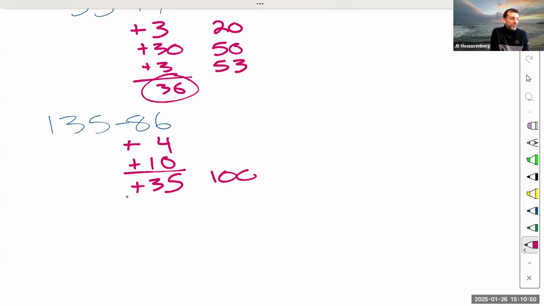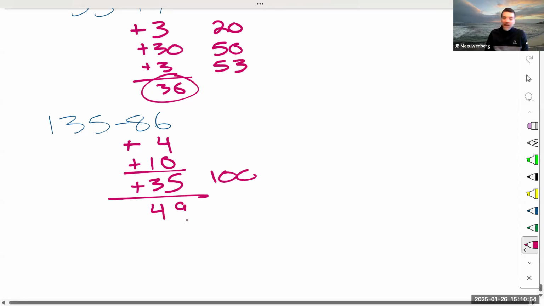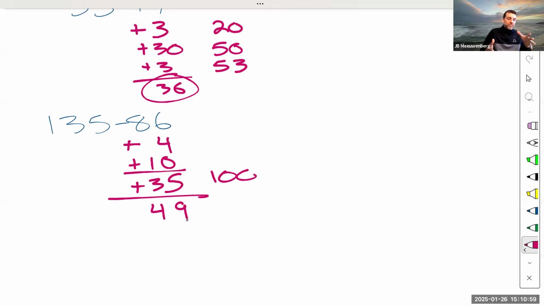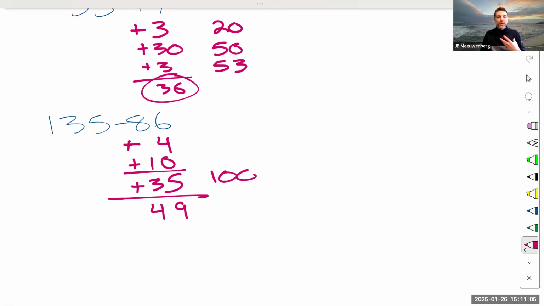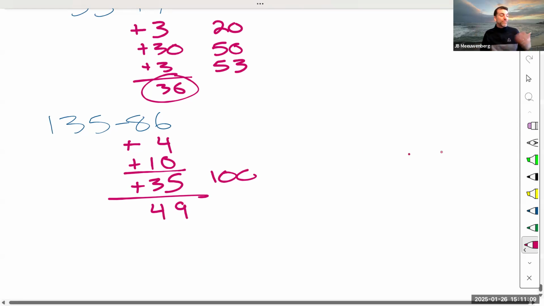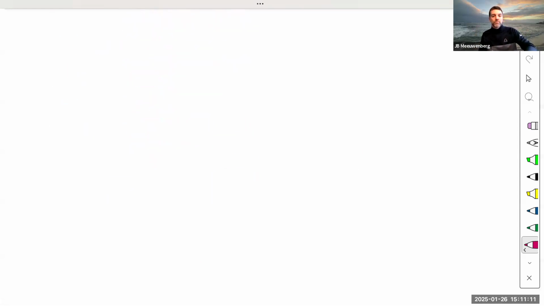So 14 plus another 35 gets me to 49. Okay, so I'm adding up plus 4 plus 10 plus 35. It's not the only way to do it, but hopefully you're seeing now some of these different ways to think about subtraction that you might not have thought of or even possible before.